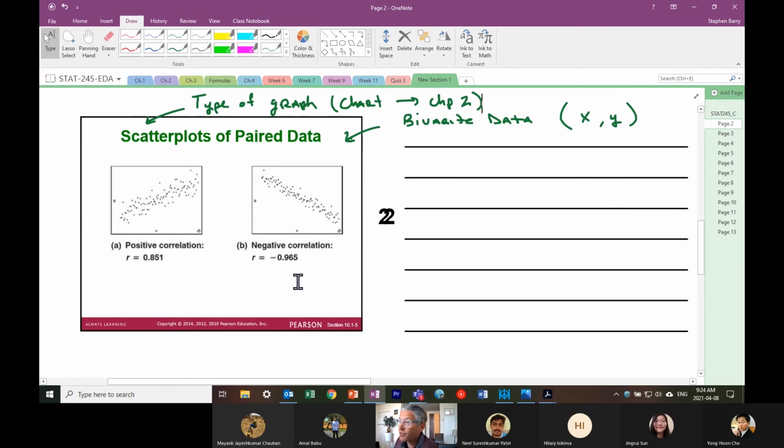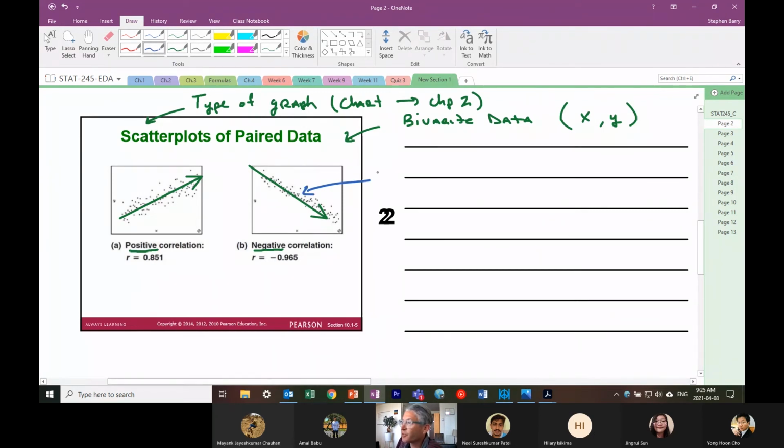So if there's a positive correlation, that means the slope is positive. If there's a negative correlation, that means the slope is negative, right? When you do what's called a line of best fit, you collect your data and then you plot it. You can create what's called a line of best fit, or a linear regression line.